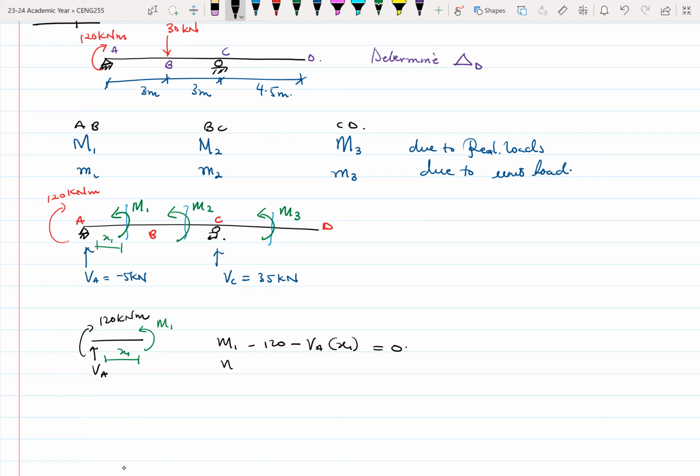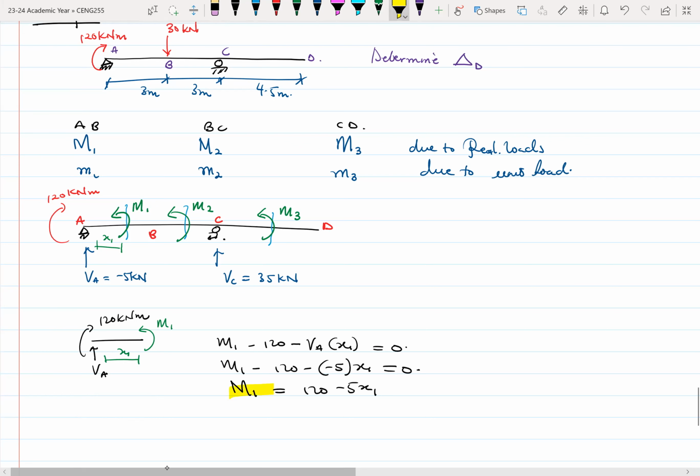So it becomes M1 minus 120 minus, in brackets, VA is minus 5 times X1 equals 0. If you do all the calculations nicely, you end up with 120 minus 5X1, sorry. So this becomes my first moment, M1.